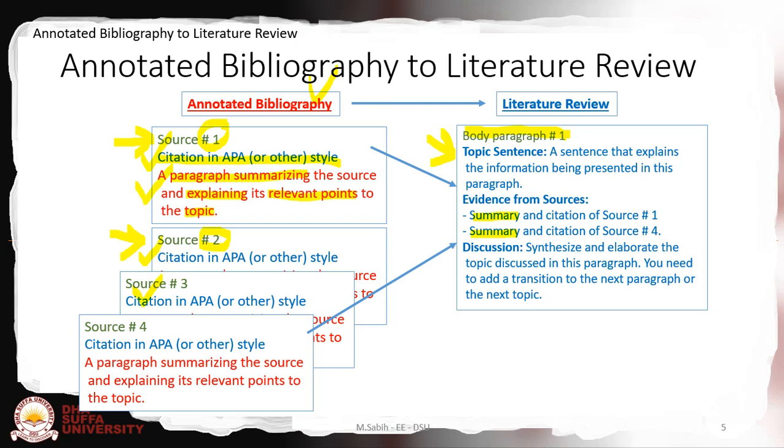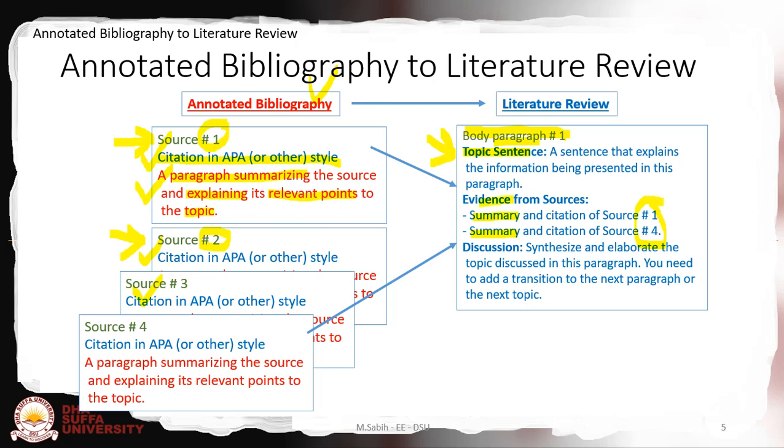The topic sentence means source number 1 and source number 4 might be talking about the problem, or the challenge, or they may be discussing the solution. So together, both sources will comprise body paragraph number 1, and to join this, there will be a topic sentence. This topic sentence will explain the information being presented in this paragraph.